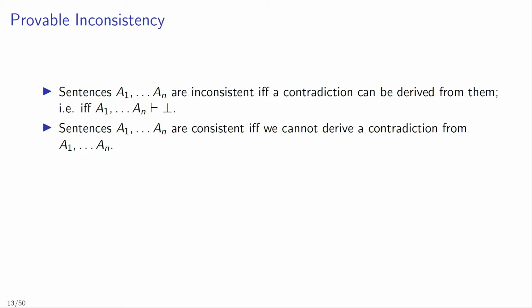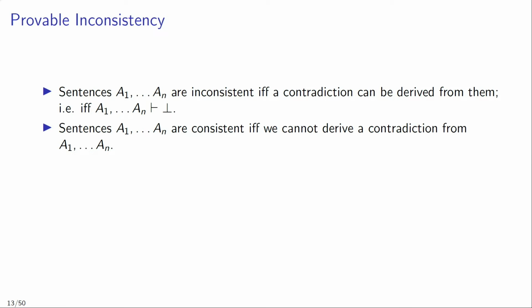That means that sentences A1 to AN are inconsistent if and only if A1 to AN turnstile bottom. Otherwise, A1 to AN are consistent, meaning A1 to AN are consistent if and only if we cannot derive a contradiction from them.